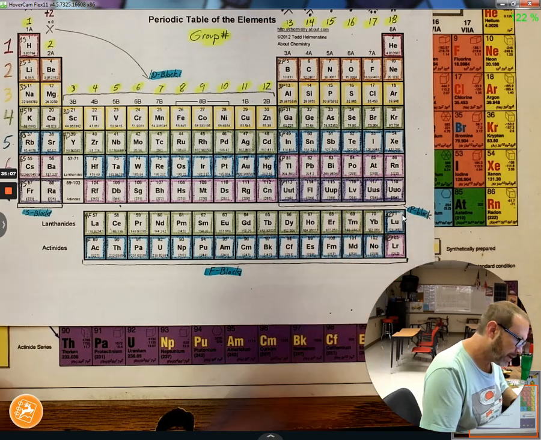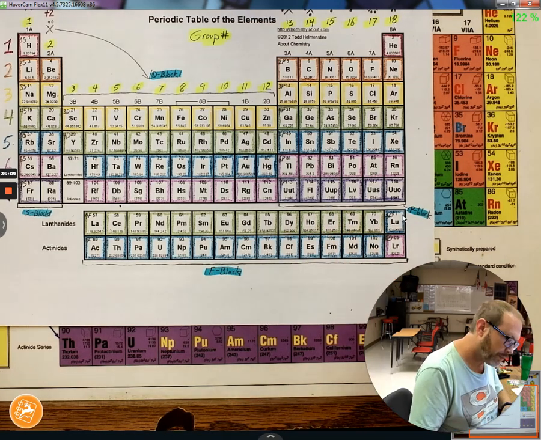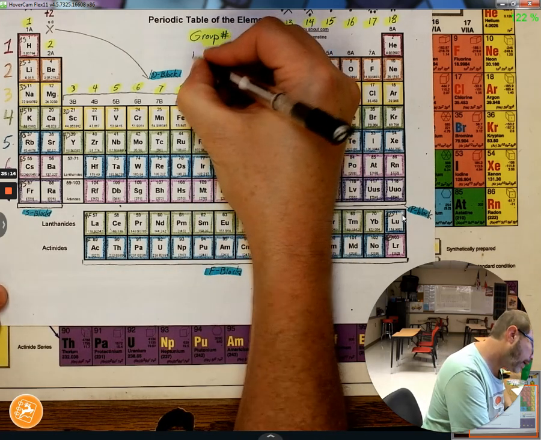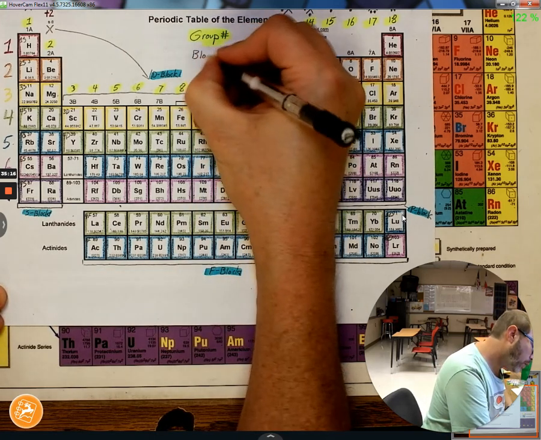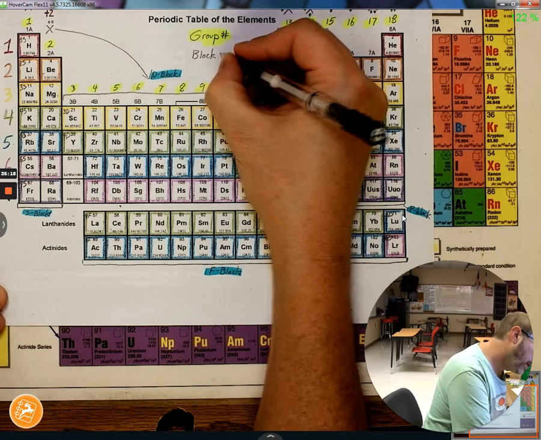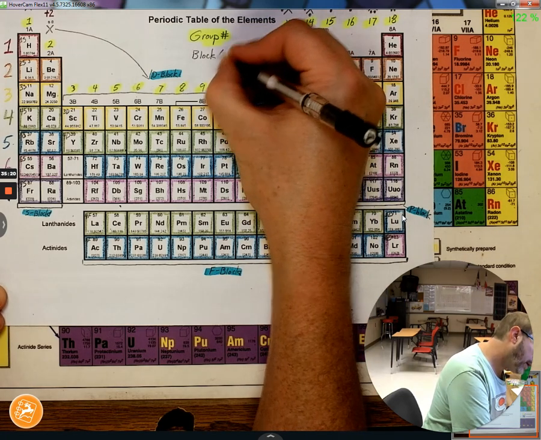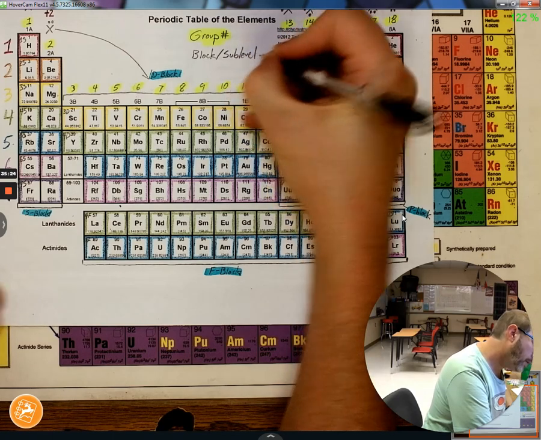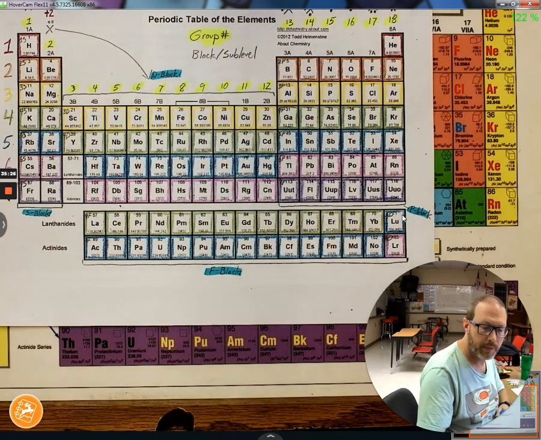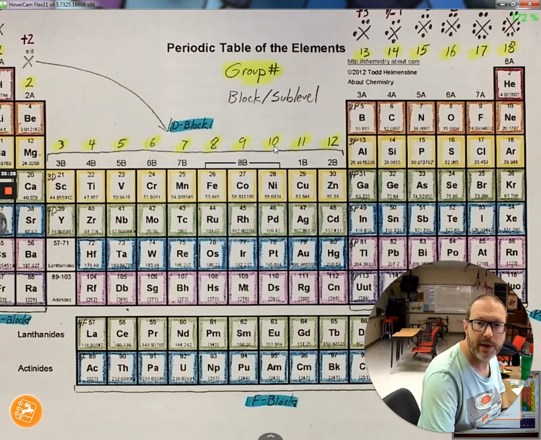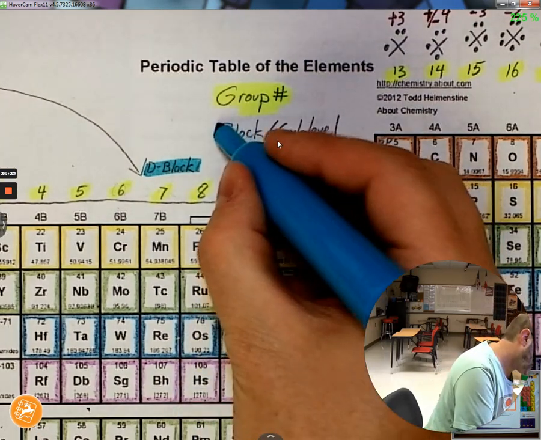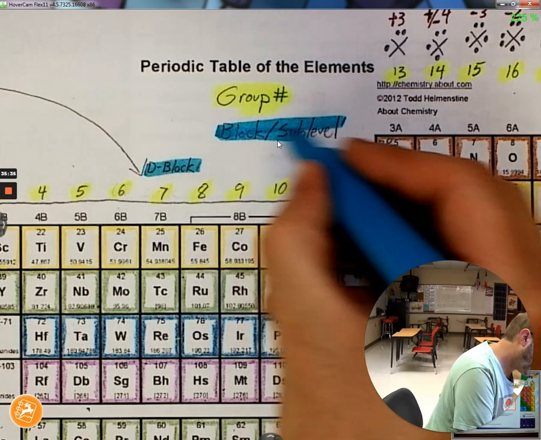I'm not going to do that because I think I'll mess something up. And I'm going to write block / sublevel. Zoom in where you can see what I did there. I'm going to hit that with that same blue highlighter.